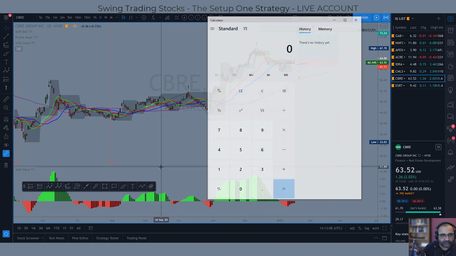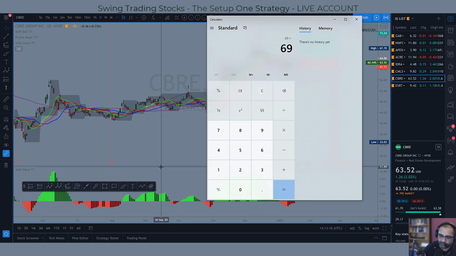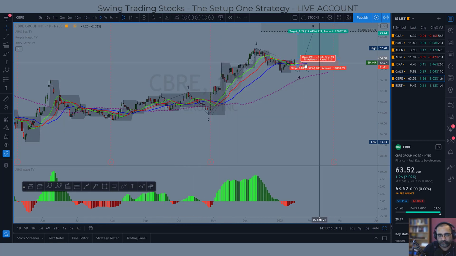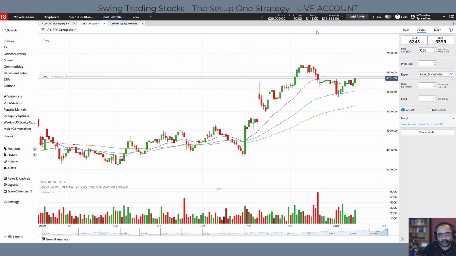So 69 stocks would require $4,416 to invest in this. In my case, it would be 1:10, right? So my margin is 448. All I need is £448 to invest this much into the stocks. That's the beauty of spread betting.